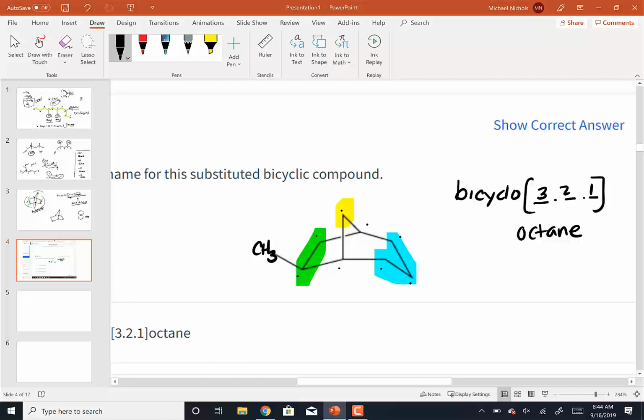How do we number for the methyl? Here are the rules. Rule number 1 is that you must start at a bridgehead.